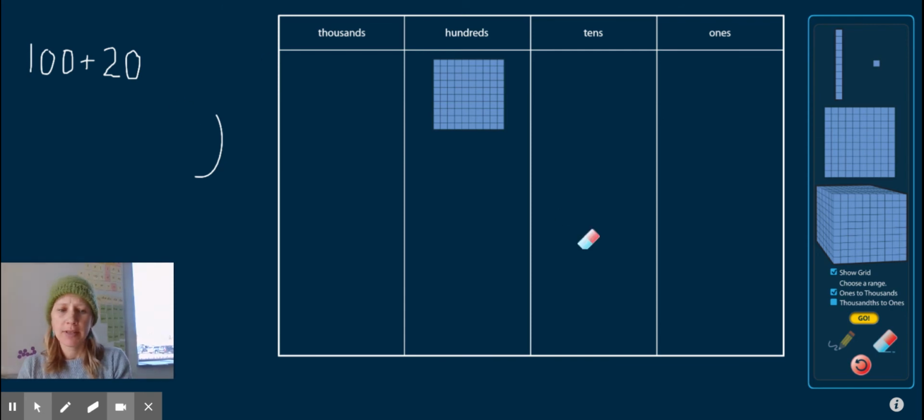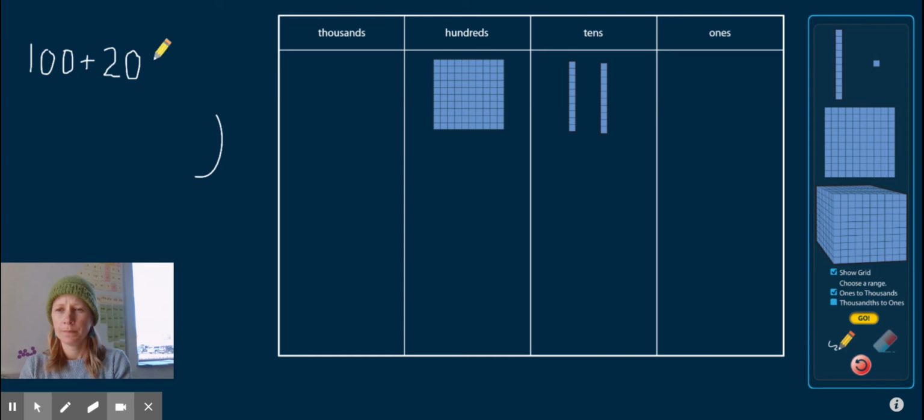I know that when I am representing my number 20, I need to look in my ones place, and I have a 0. So I don't need to add any ones in my ones place. But in my tens place, I have a number 2. So I know that I need to add 2 rods in my tens place. So 1, 2. Awesome.